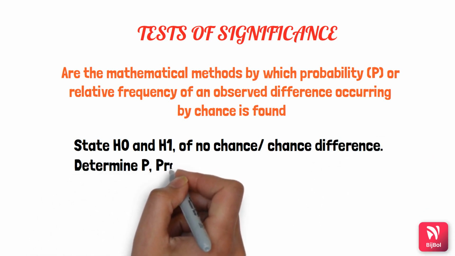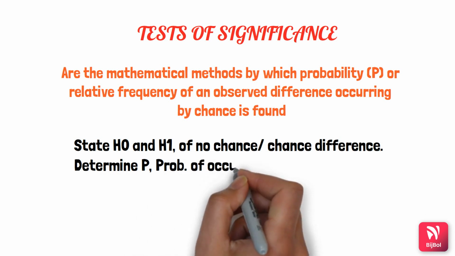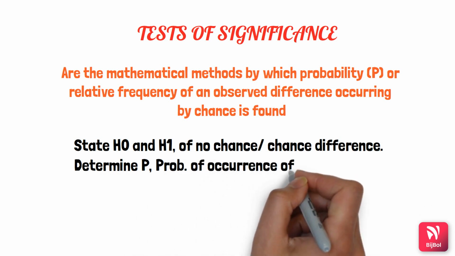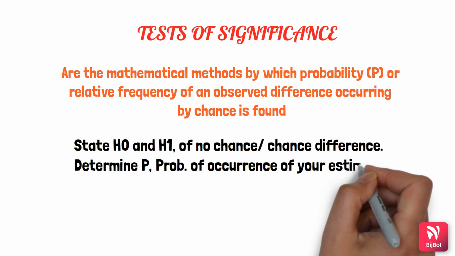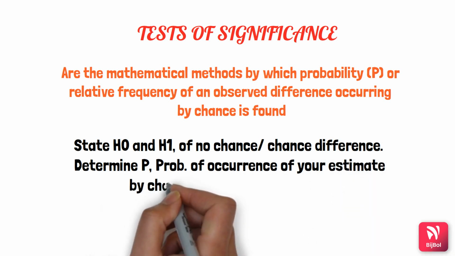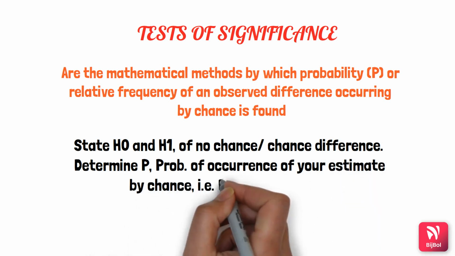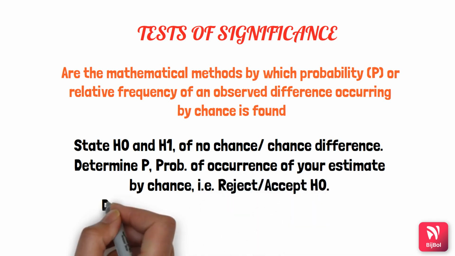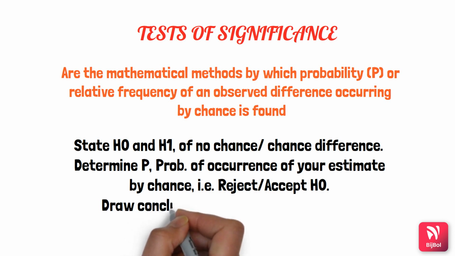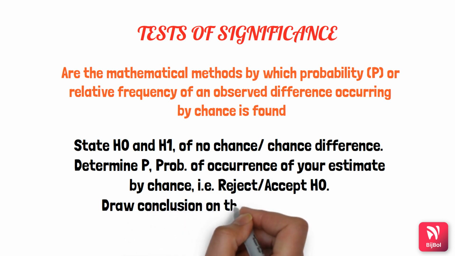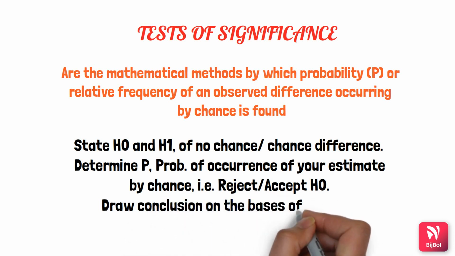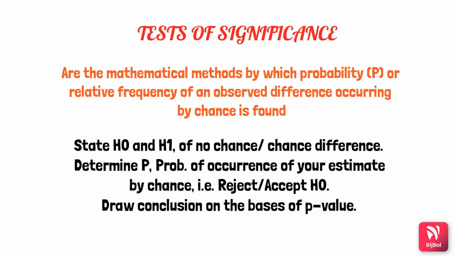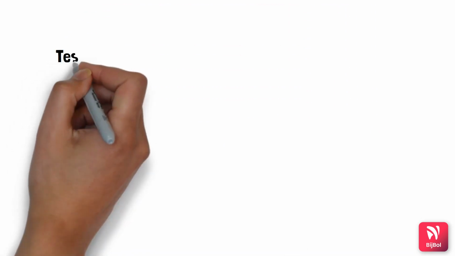So before doing any research, as I told you, first thing which we need to do is we need to state a null hypothesis and an alternative hypothesis. After that, we draw conclusions based on the p-value that we get after performing the tests, and whether the p-value is significant or not. Based on that, we reject or accept it.